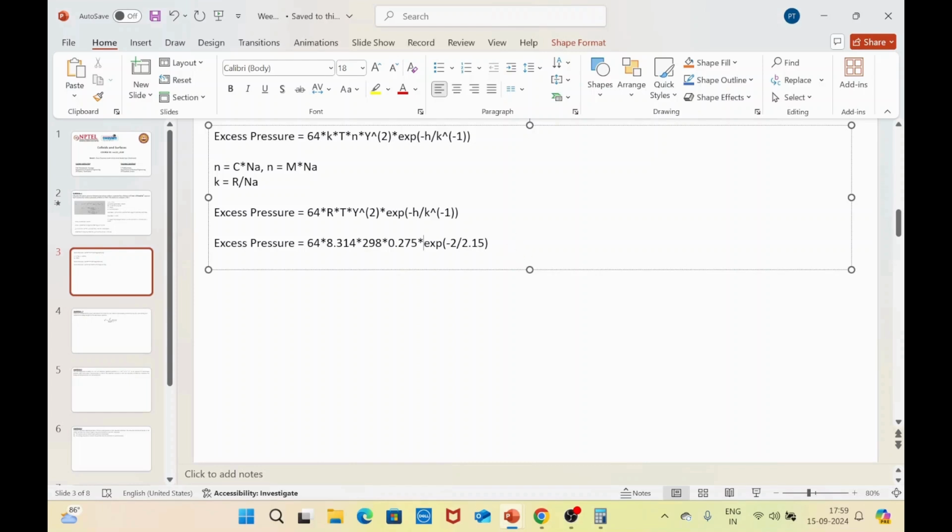So what is the value of this expression?